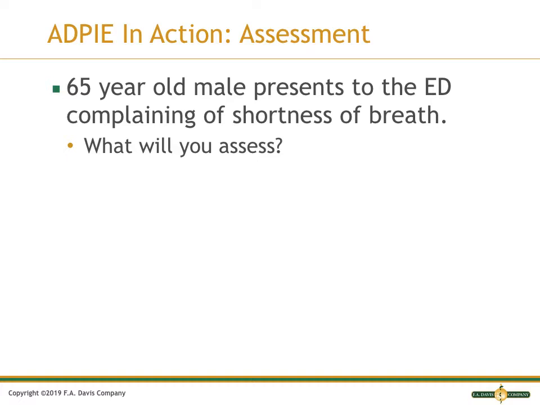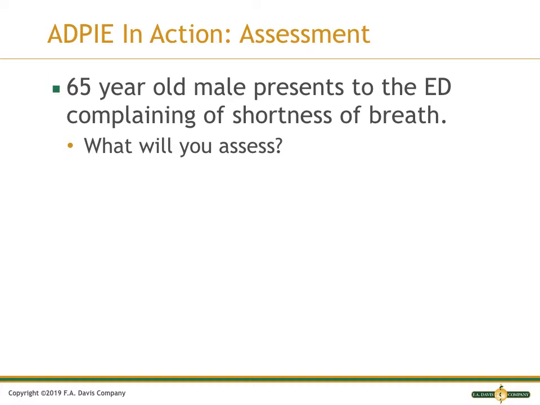Alrighty. So if a 65-year-old male comes to the ED complaining of shortness of breath, the first thing I'm going to do is get a set of vital signs. Next thing I'm going to do is auscultate, or listen with my stethoscope, to their lungs. What do their lungs sound like? I'll listen to their heart.